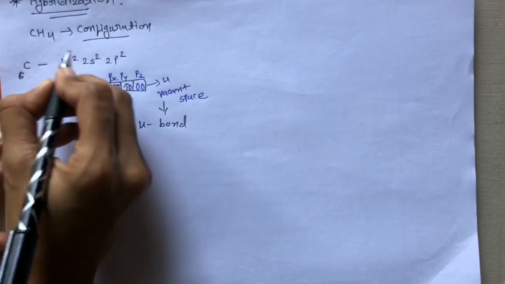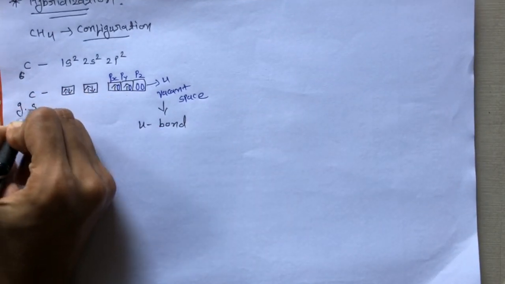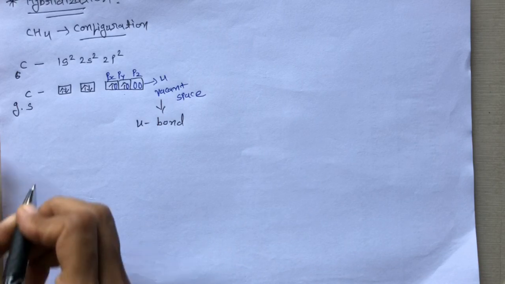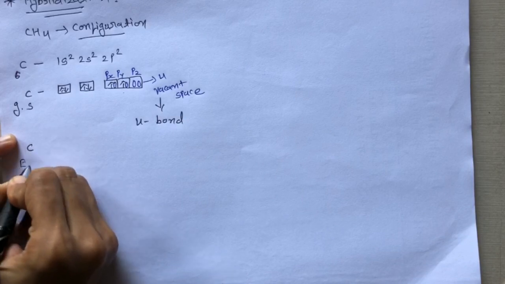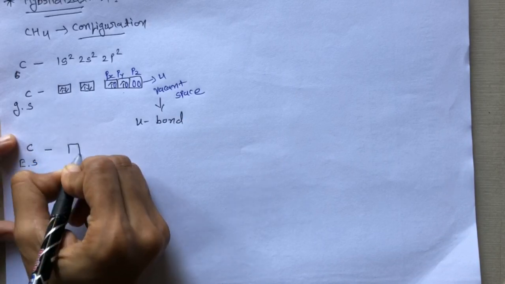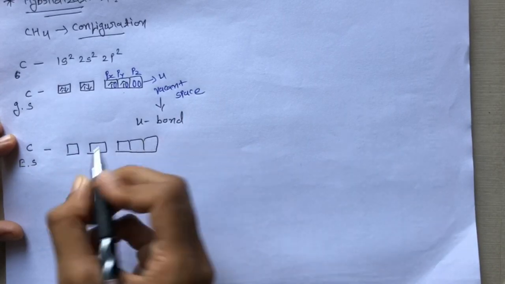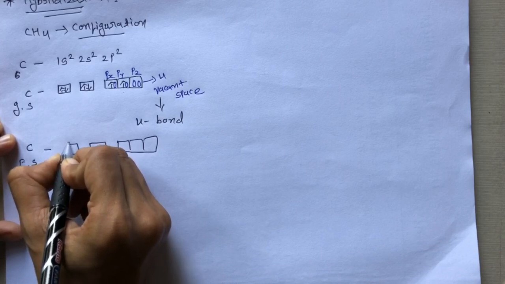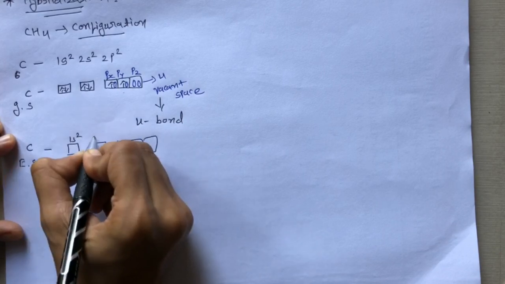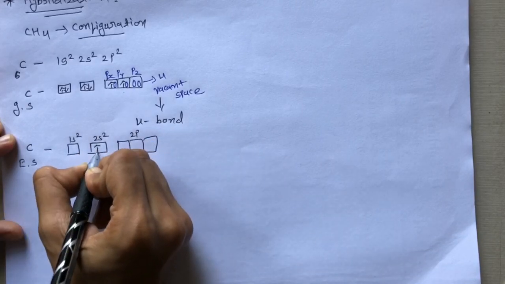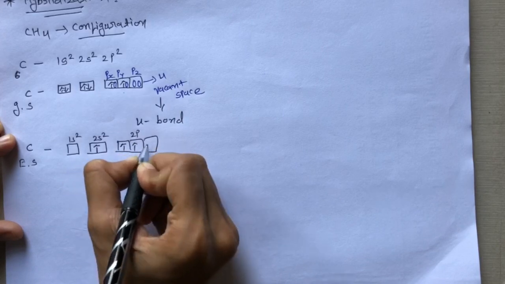So this is the electron configuration of the ground state. Now we will put it in the excited state. So this is 1s2, this is 2s2, and this is 2p, right? So 1 electron, 1 electron, 1 and 1.